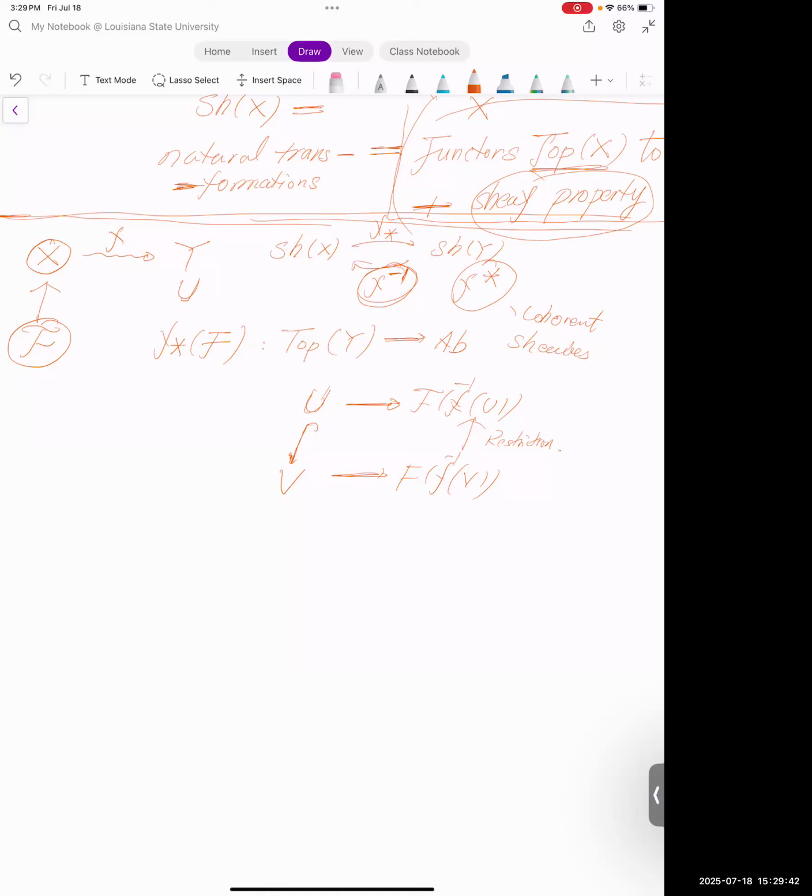Now, you also can do pullback, which means that if you have a sheaf on Y, you can get a sheaf on X. You can define this in the functorial way, but it becomes a little bit tricky. So the way to see how you define the pullback is using the pullback of Étale spaces.